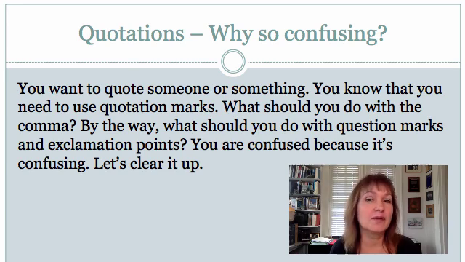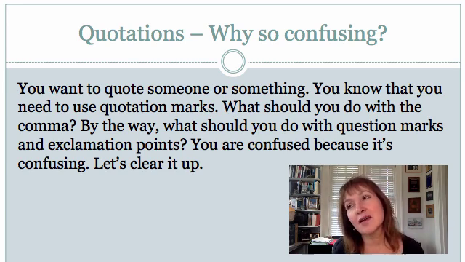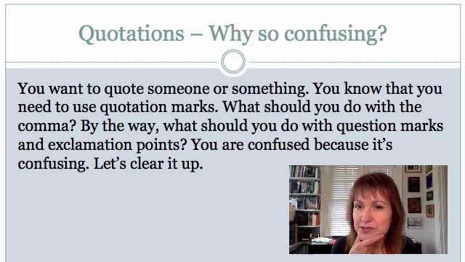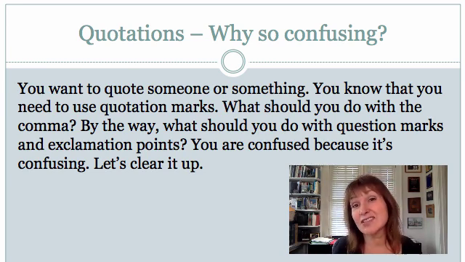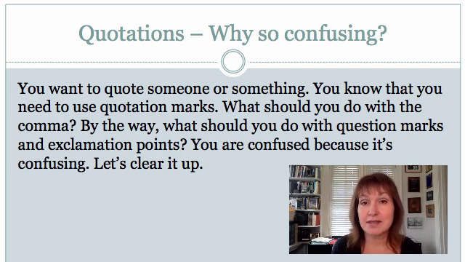You want to quote someone or something, you know you need to use quotation marks. What do you have to do with that comma? And then the really confusing question, what do you do with question marks and exclamation points? You're confused because it's confusing, and it's confusing because actually in different countries, different standards are followed. We're going to talk today about American English and how you should be doing it in America. Let's clear this all up.